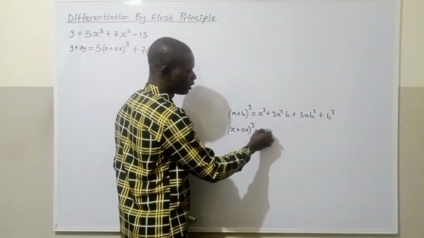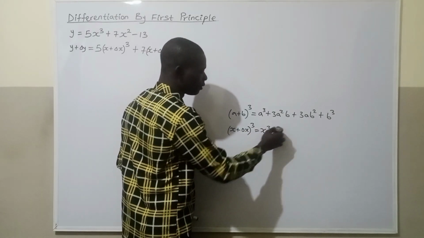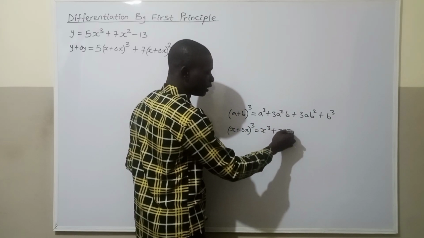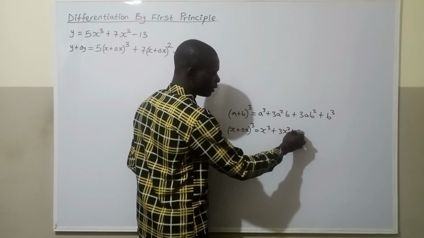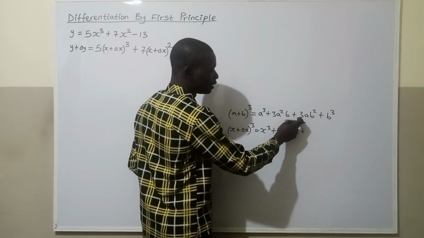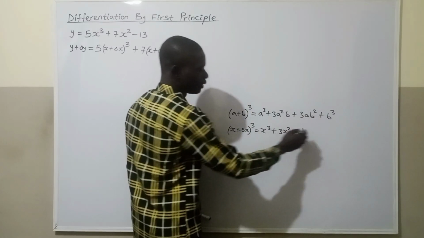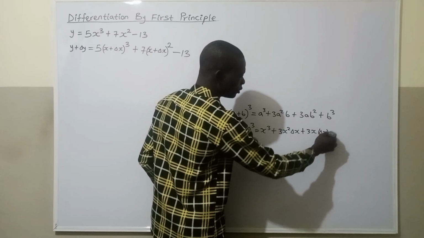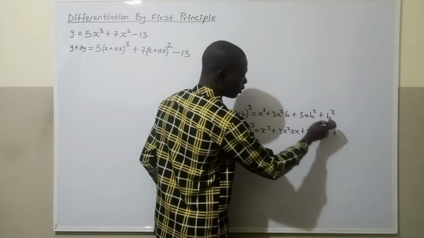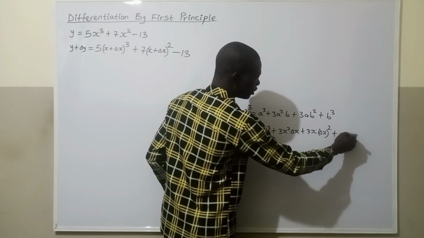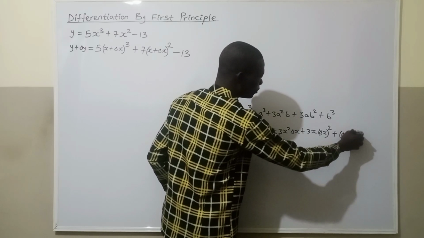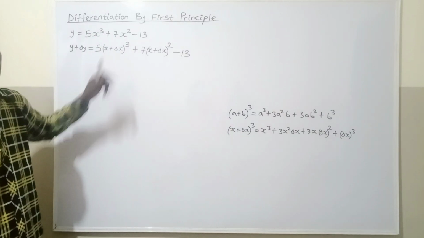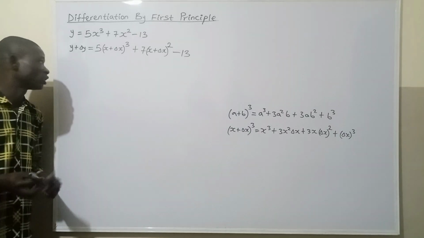So we'll be having x cubed plus 3x squared delta x, plus the next one 3x delta x squared, and then finally plus delta x cubed, which is in the position of b cubed. Now this expansion that we have here will take the position of x plus delta x cubed in the question that we are solving.